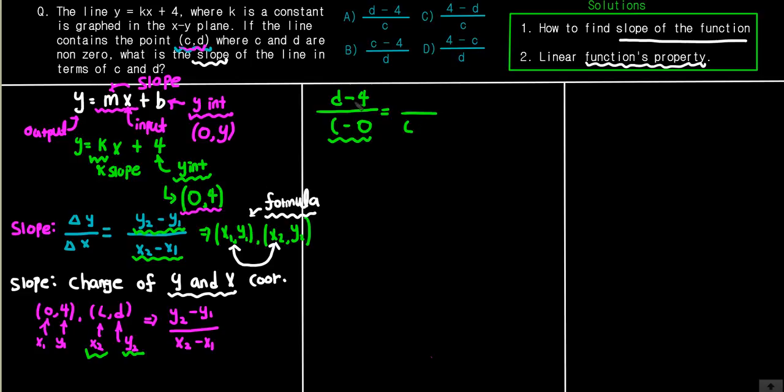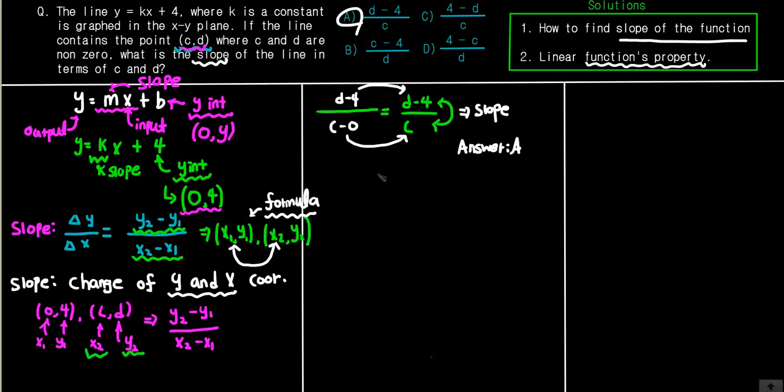We don't know the exact value of d, so we just write d minus 4. This is how we find the slope of our function, so our answer for this question is A.